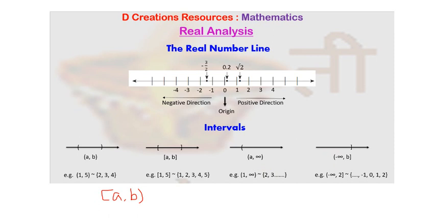Because it's very clear, right? Infinity is not a number per se in that sense, so it has to be an open bracket. So this is all about intervals. Try to construct your own intervals and write down what elements they are going to contain. Thank you.